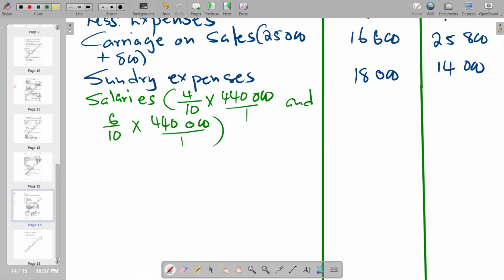So we do calculate for the first one. What do we get? We see that we get 176,000. For the second one, 6 over 10 times 440,000, we get 264,000. So that's what we have on salaries.